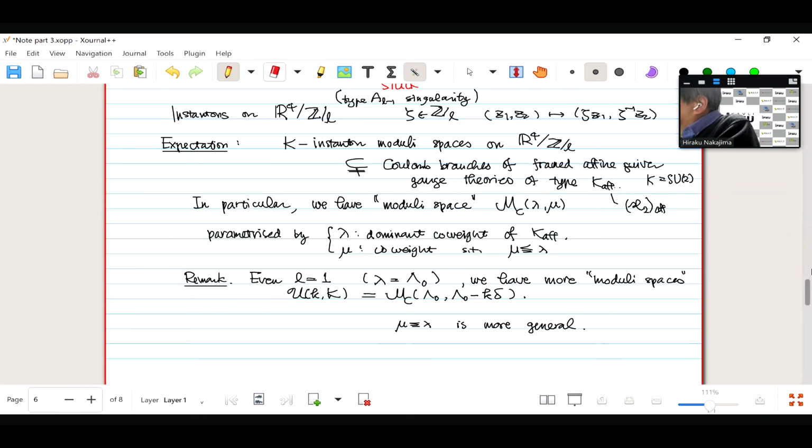So from the beginning, the level is a positive integer. And in order to have the geometric Satake statement, we cannot replace this type A_L by other groups.